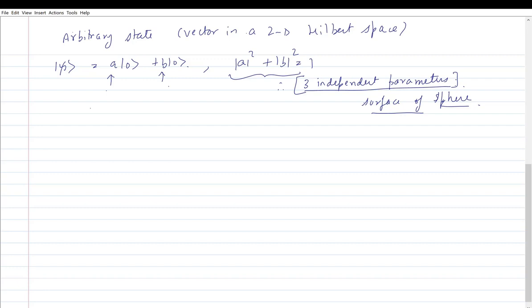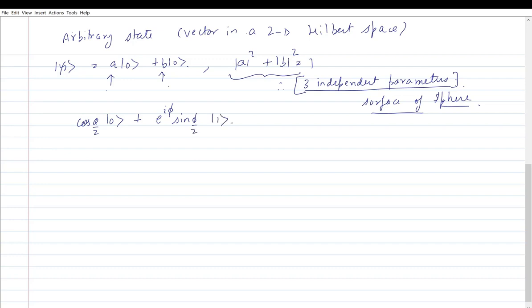So let me represent the qubit as cosine theta by 2 |0> plus e to the i phi sine theta by 2 |1>.